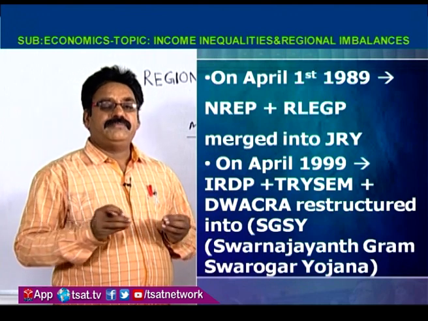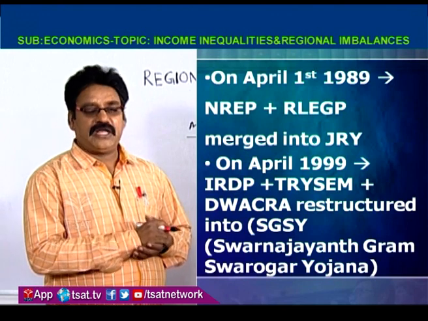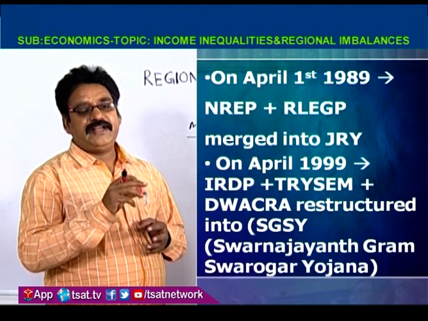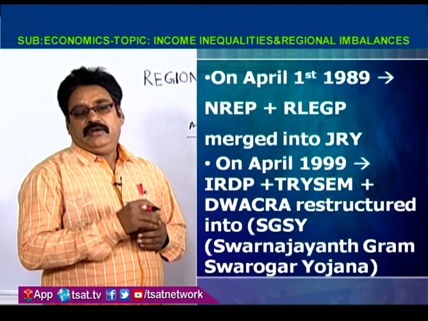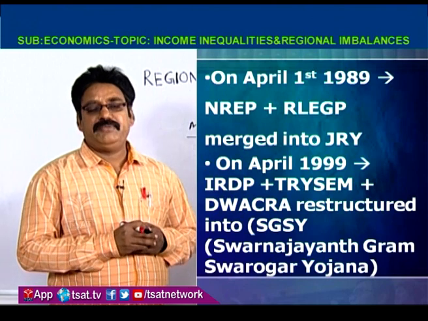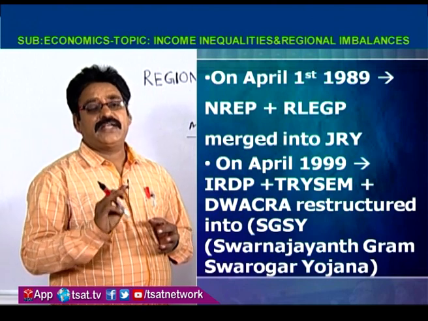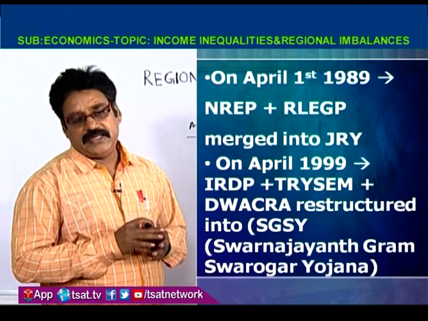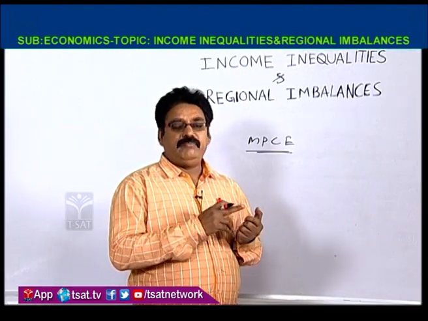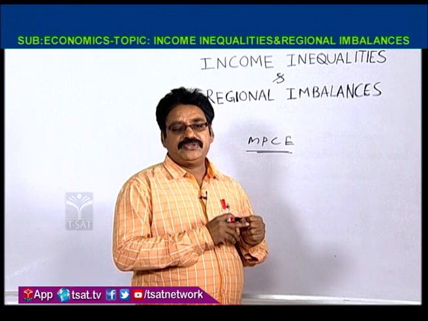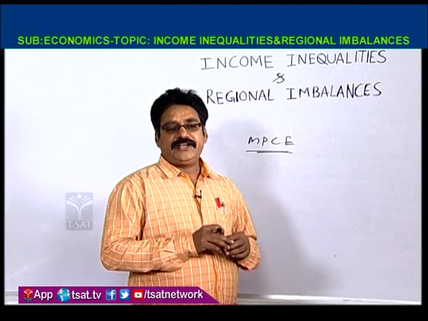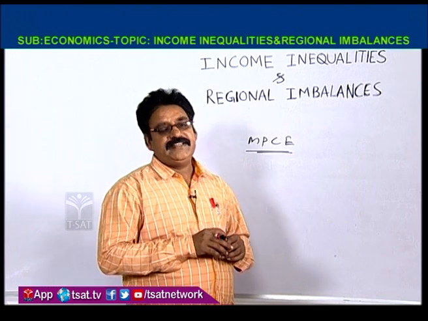These two programs merged with IRDP along with Million Wells schemes and some other programs, combined and given a new name, that is SGSY. SGSY means Swarna Jayanti Gram Swarozgar Yojana. Under this name, IRDP, TRYSEM, DWCRA, Million Wells schemes and Indira Awas Yojana, all these programs were included, combined into one integrated program, that is SGSY.